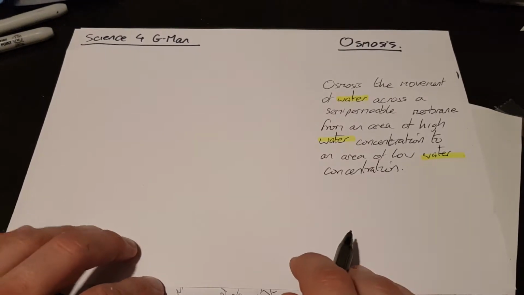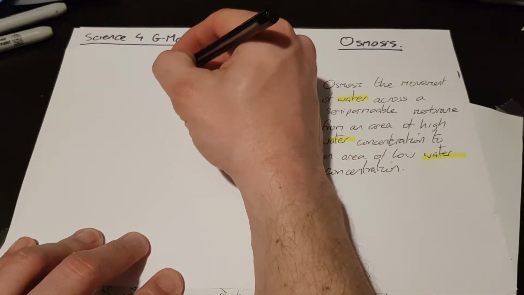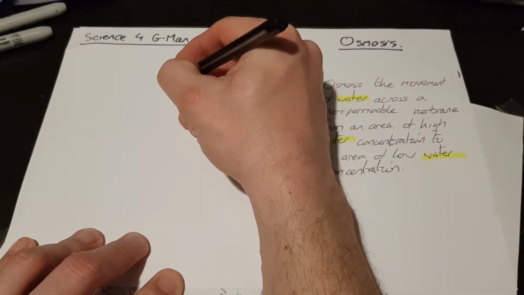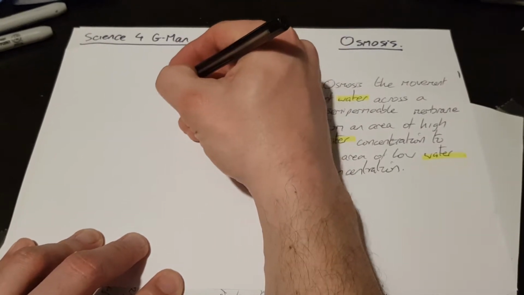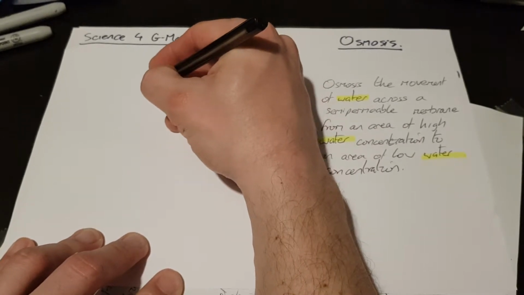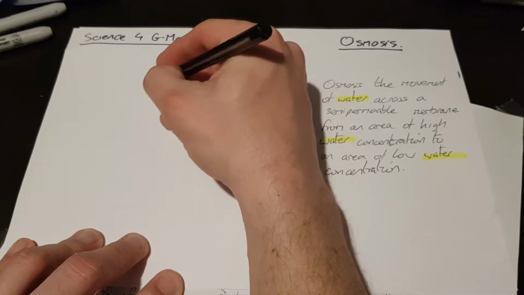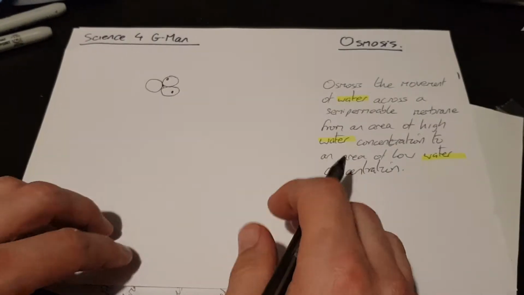Now, where does osmosis occur? Osmosis occurs in our cells. So we draw ourselves a couple of very simplified cells, and there's a cell, and we've got a little nucleus in each of these cells, and this here will be the cell membrane. It's the cell membrane, the bit that forms the sort of bag that encloses the cell.